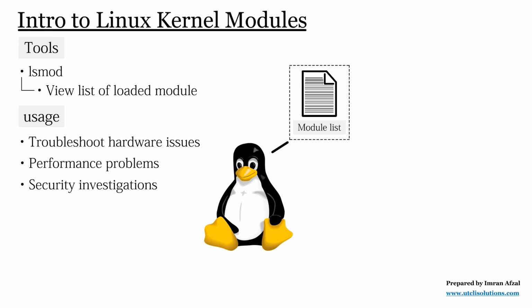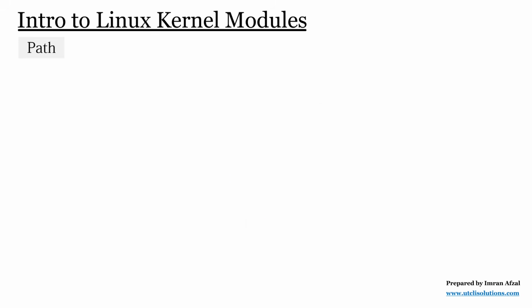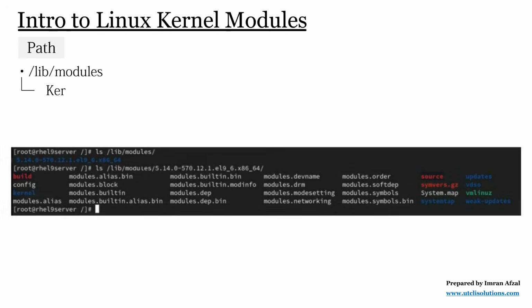To load modules properly and handle their dependencies, Linux needs a properly organized place to store these modules. This is provided by the directory /lib/modules. Inside this directory, kernel modules are stored according to the exact kernel version they belong to. This ensures that only compatible modules are loaded into the running kernel.